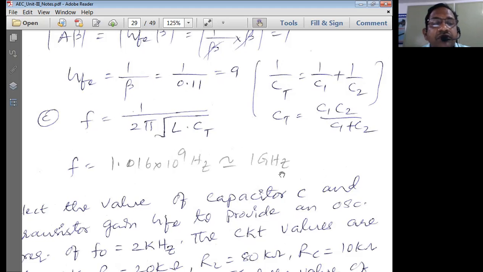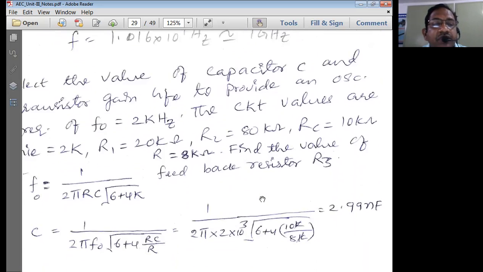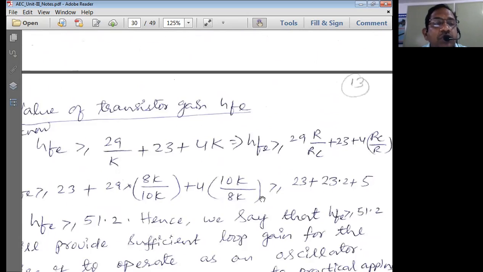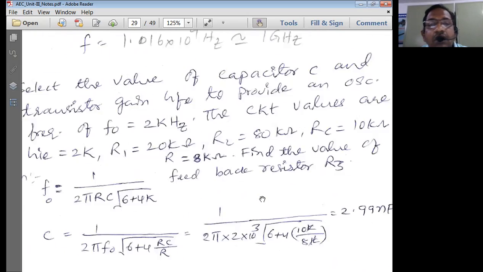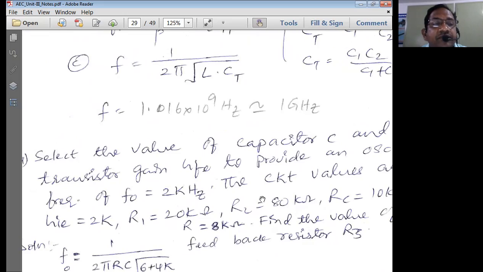That's it, you can find the frequency of oscillations. The result we got is approximately 1 gigahertz, which means we have a high frequency oscillator circuit. This is how we normally work with Colpitts and Hartley oscillator circuits.